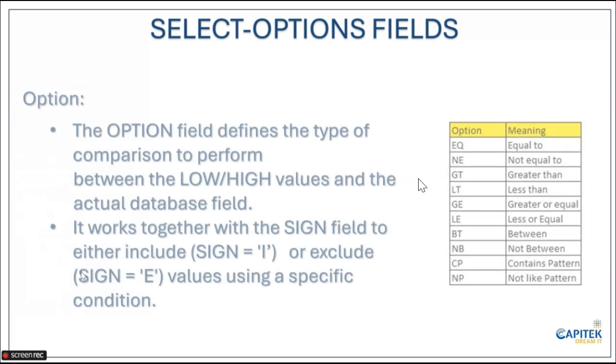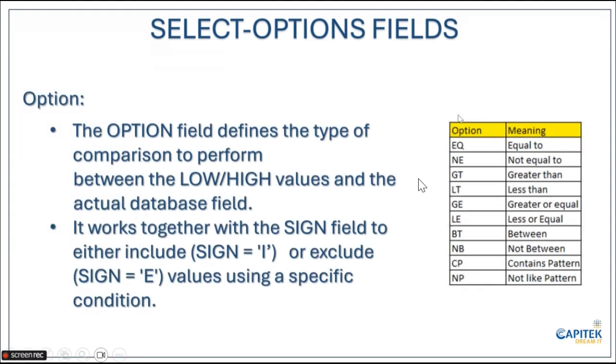Next, when we talk about option, the options are like EQ means equal to, NE means not equal to, GT means greater than. So you will have less than, greater than or equal to, less than or equal to, between, not between, contains pattern, not like pattern. These are the different options available for you.